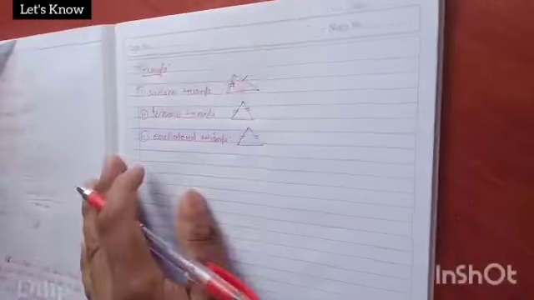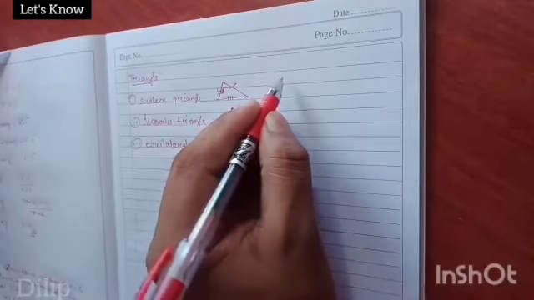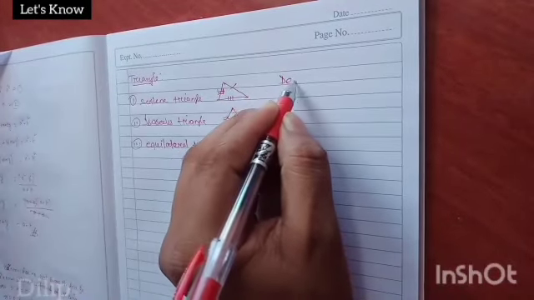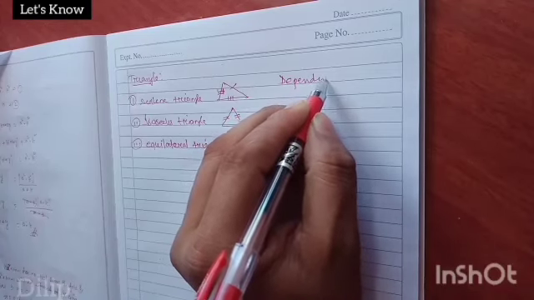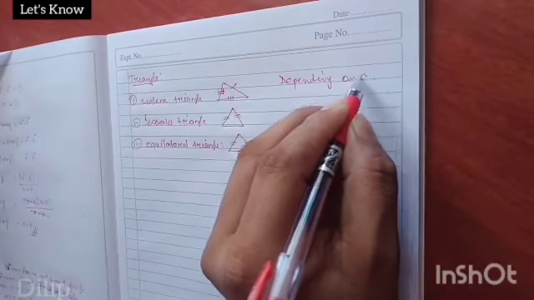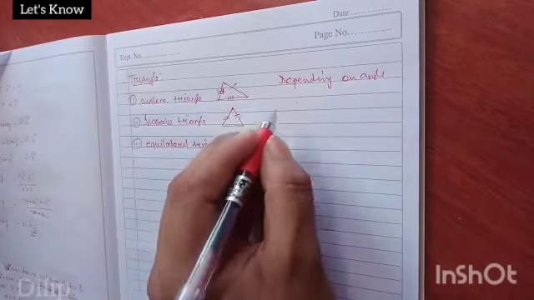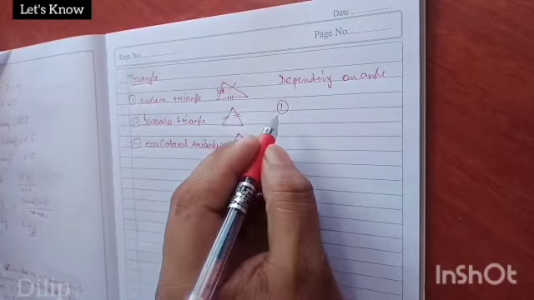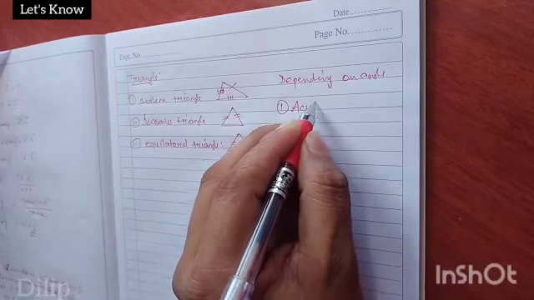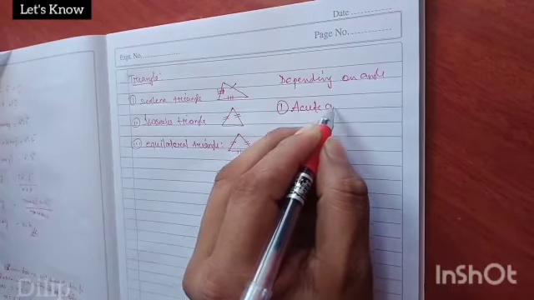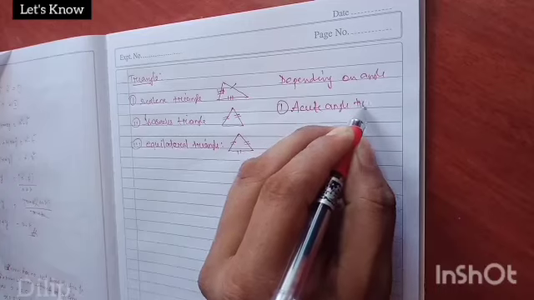And see, depending on the angle, there are three types of triangles. Number one, acute angle triangle.